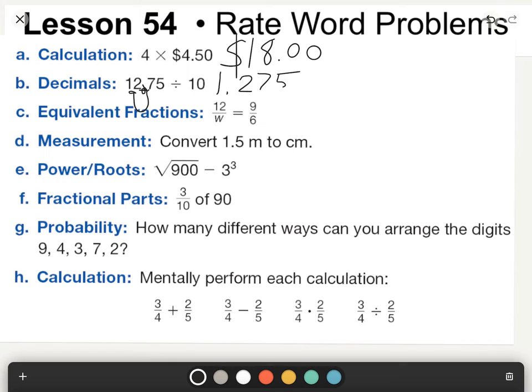Looking at this one, a few different ways you could do it. I did cross multiplication in my head this morning, but really you could look at this and say it's the same as 3. This one's the same as 3 halves. So multiplying each one by 4 would get me W equals 8.